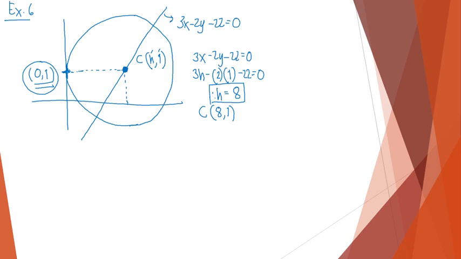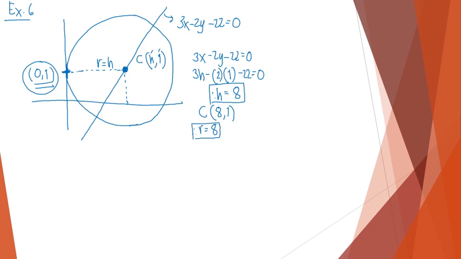So from that point on the circle to the center will be our r. That r is equal to h. Therefore our radius is 8 as well.